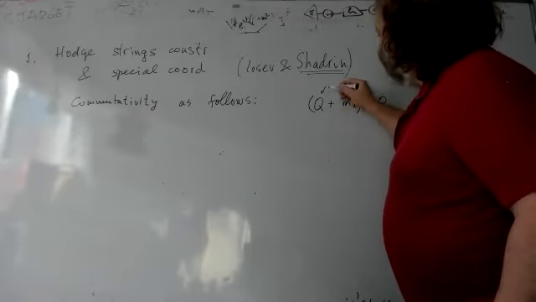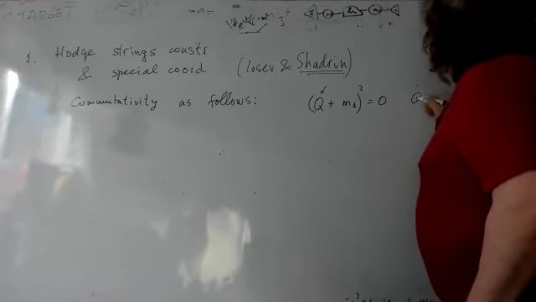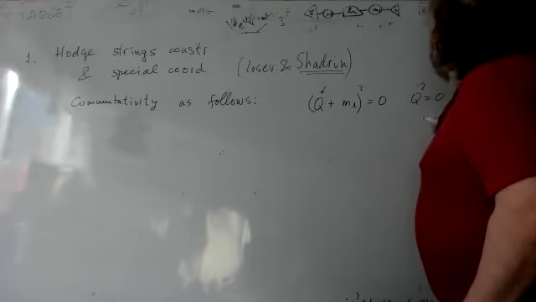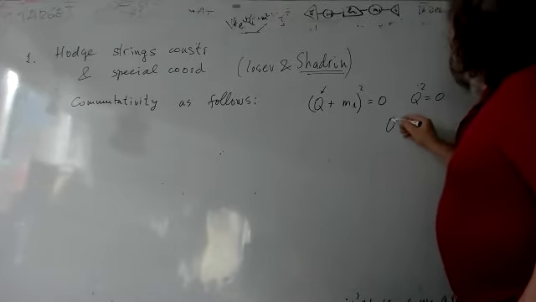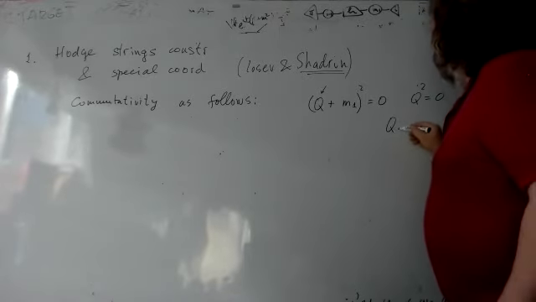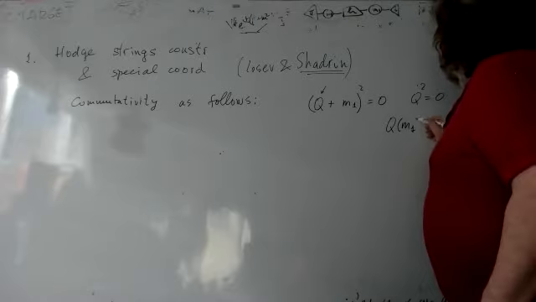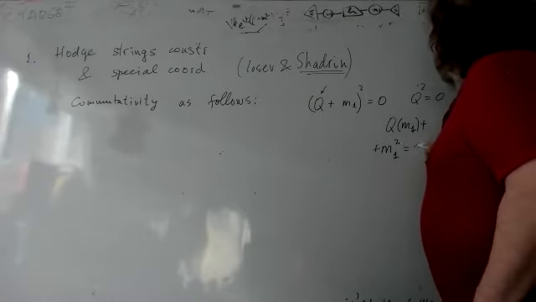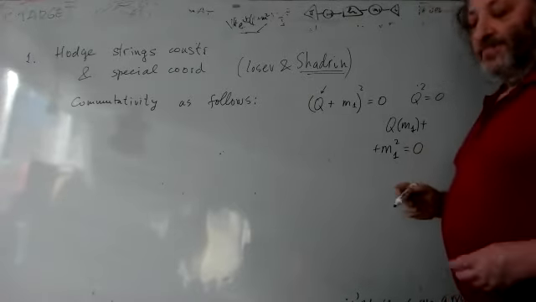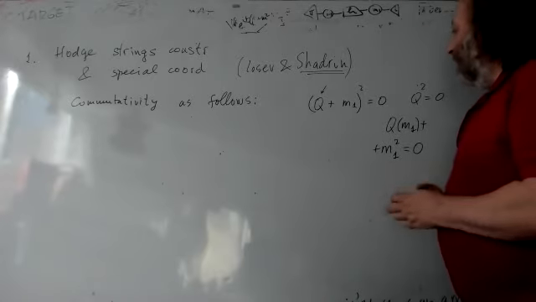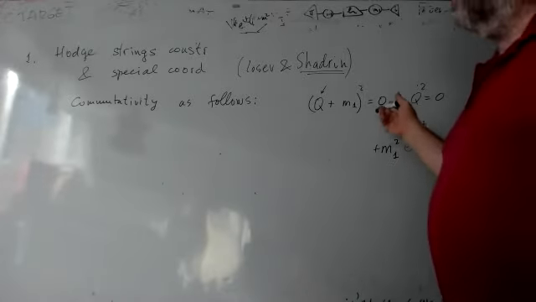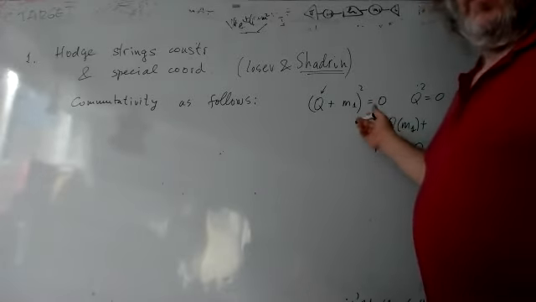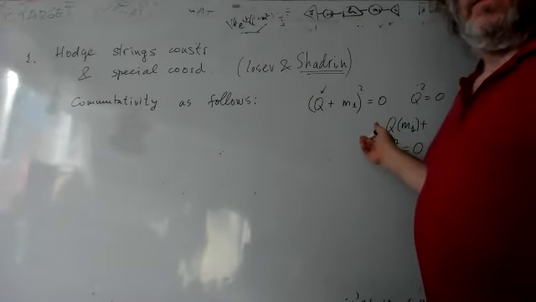I mean that Q squared equals 0, and also Q m1 plus m1 Q plus m1 squared equals 0. I will call this a generalized bicomplex.